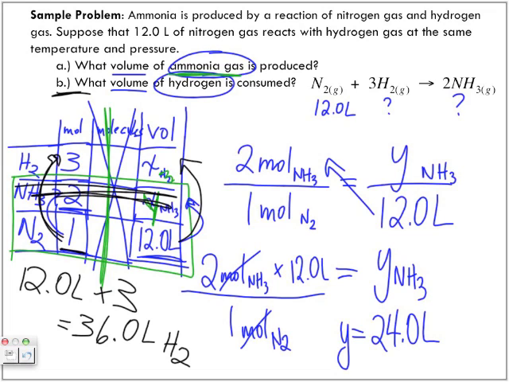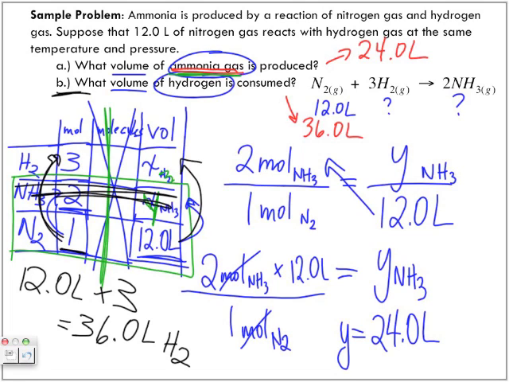Okay, so let's just go back. What did we find? The ammonia gas came out to 24.0 liters. The hydrogen came out to 36.0 liters. Even without going through all these calculations, we know that we have a 1 to 2 ratio for the ammonia, so it will be double the volume.